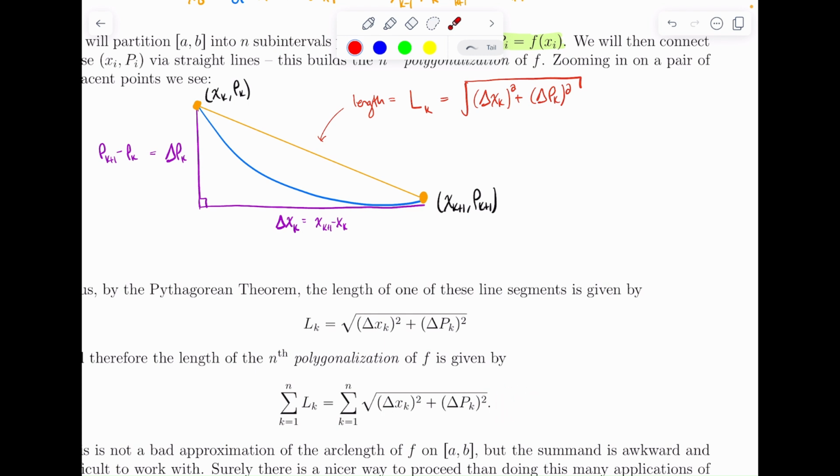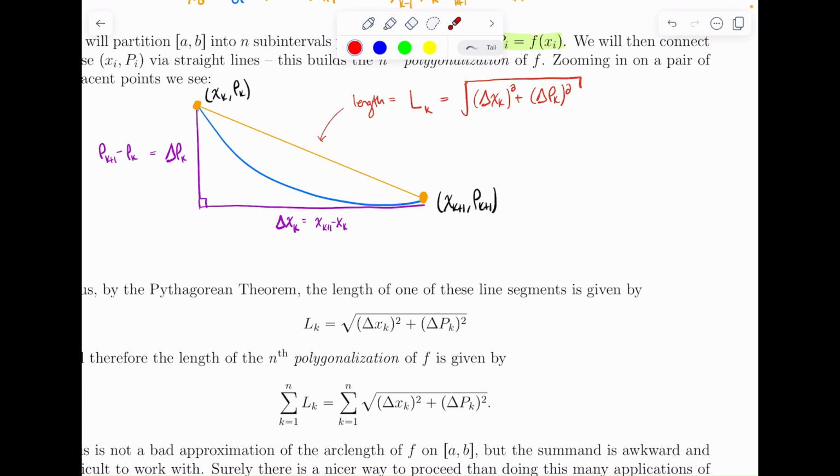But I can't do that if there's only a delta xk here and it's not applied everywhere. It's not like a common factor. So somehow I need to take this delta pk and reinterpret it as something involving the delta xk, so that I can factor out the delta xk and it turns into a dx.